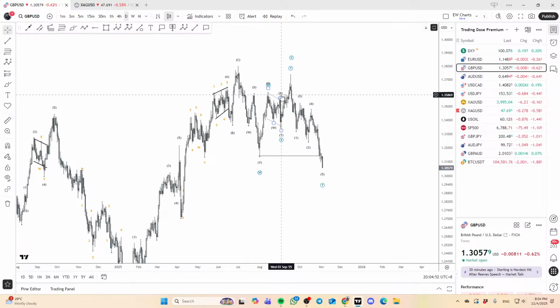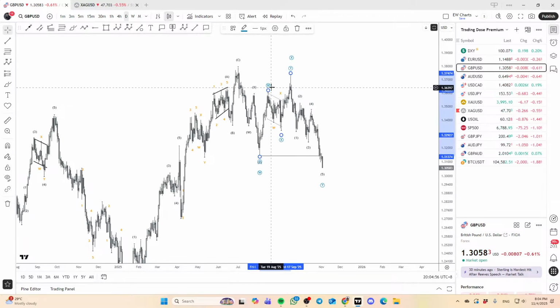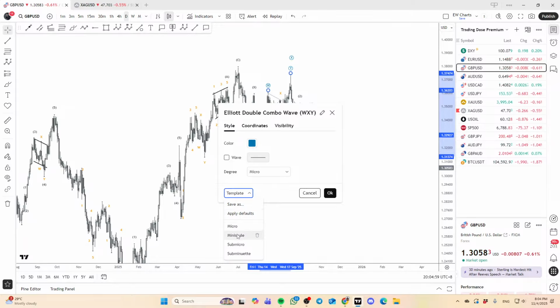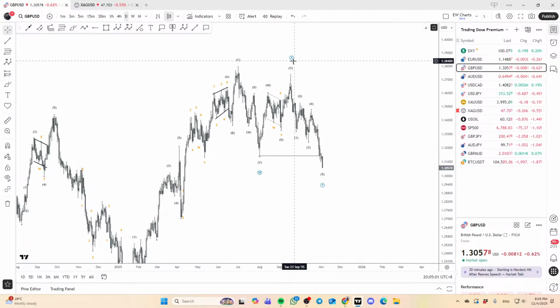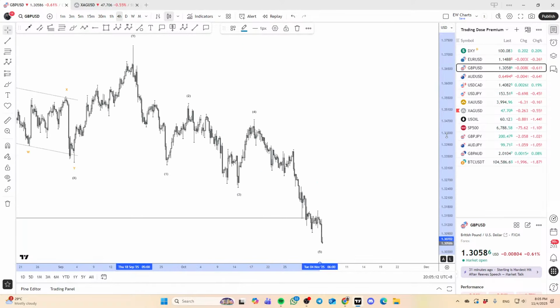If I very quickly update the degree to make it a little bit more accurate in terms of the degree of the labels, this is something we can look out for. Of course, you can see price is still pushing down pretty impulsively, at least on the 4-hour time frame. It's still coming down. So right now, at this juncture, there's really no clear setup that we want to spend too much time looking into.